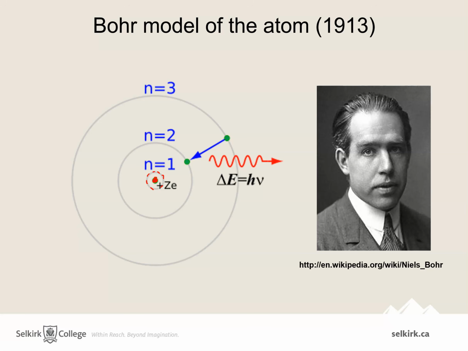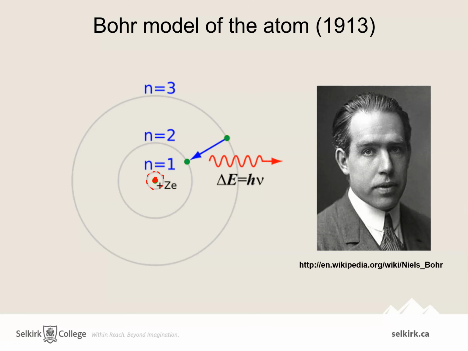He said that the first energy level, which we called n equals 1 in our energy level diagram, corresponded to the lowest energy orbit. And that's where the electron would live until we put electrical energy into it. When we excite the atom, we can give it some energy, we can pull it to an orbit further from the nucleus.